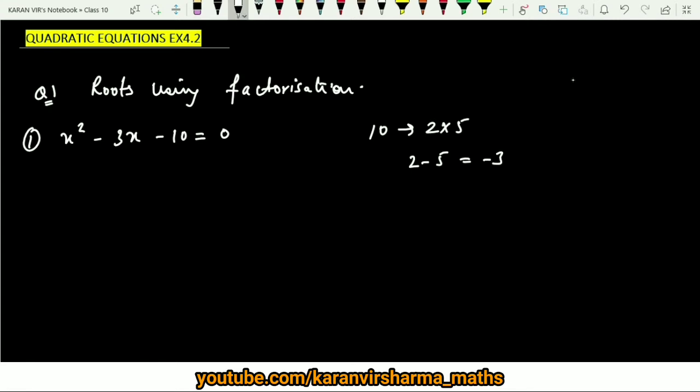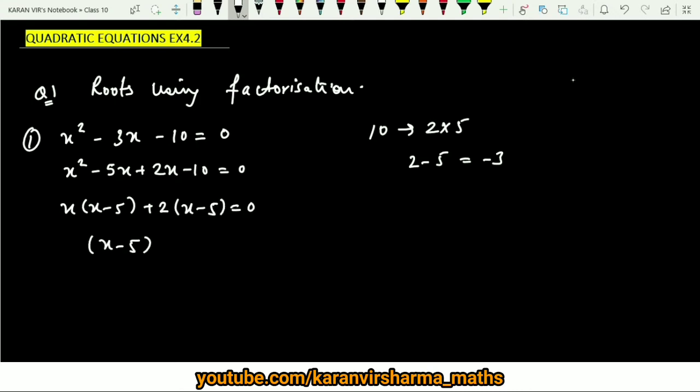So this will be x square minus 5x plus 2x minus 10 is equal to 0, right? So x into x minus 5 plus 2 into x minus 5 is 0. So the two factors are x minus 5 into x plus 2 is equal to 0. And you were asked to find out the roots.